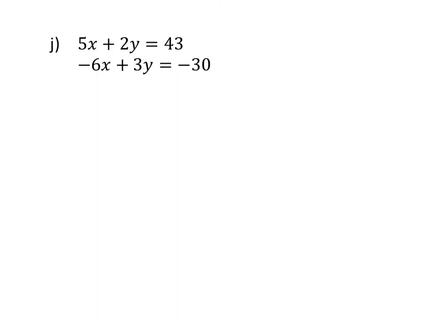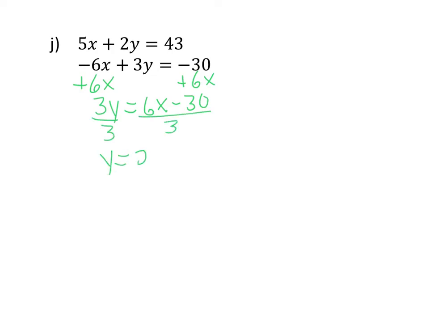Letter J. Again, it really doesn't matter which one you want to solve for x or y. I'm just going to choose the second one. I'll solve for y. Plus 6x to both sides. So we get 3y equals 6x minus 30. Divide everything by 3.